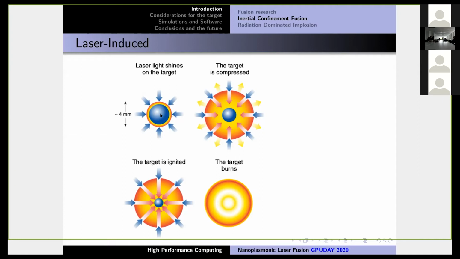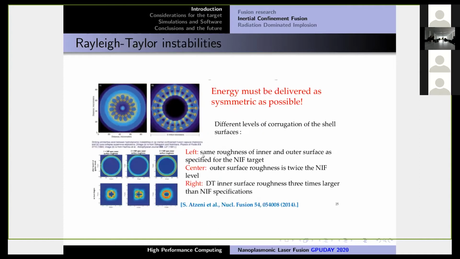In the first step, the target is compressed by that outside layer, and the second step is the target is ignited and burns. That would be in theory.